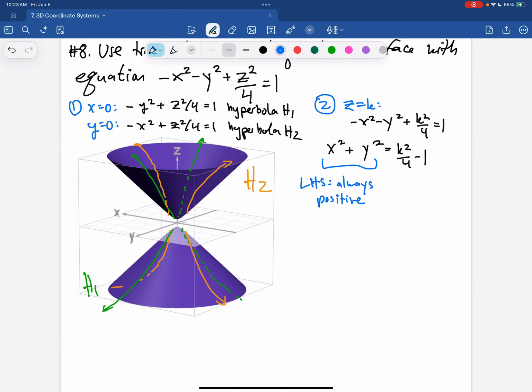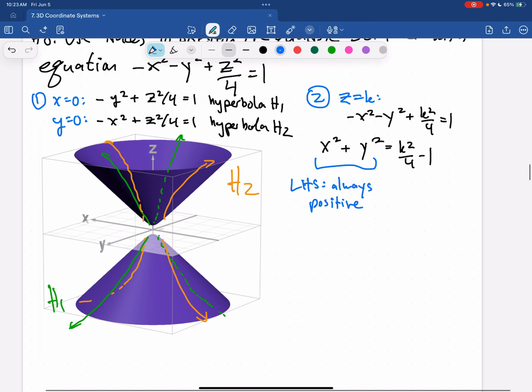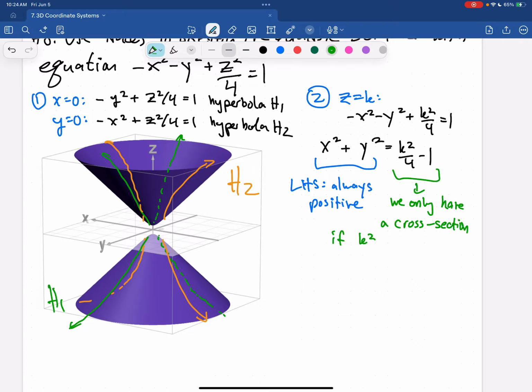However, on the right-hand side, we could have that be positive, but we could also have it be negative. So what that means is that we only have a cross-section, meaning the surface only exists at all, if this k squared over 4 minus 1 is also positive.